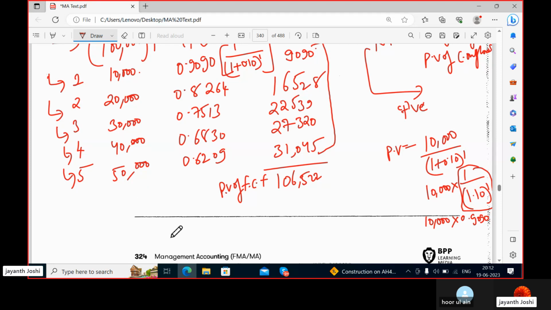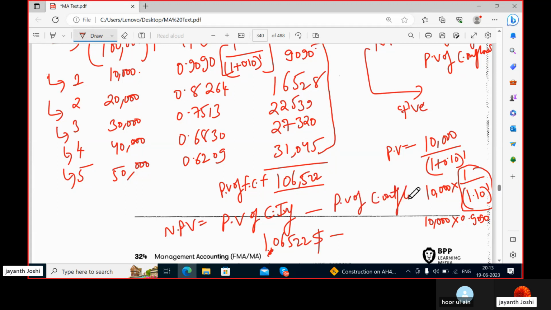So my NPV formula was present value of cash inflows, which is this $106,522, minus present value of cash outflows, which is $100,000.